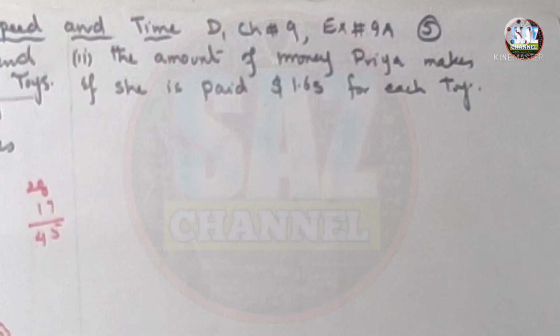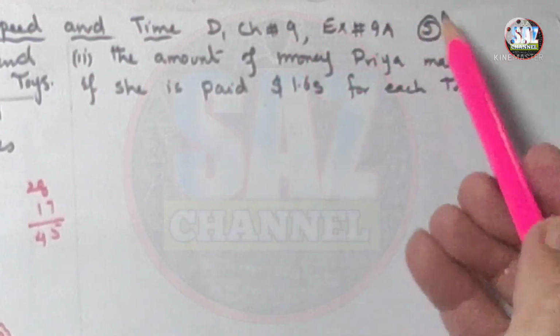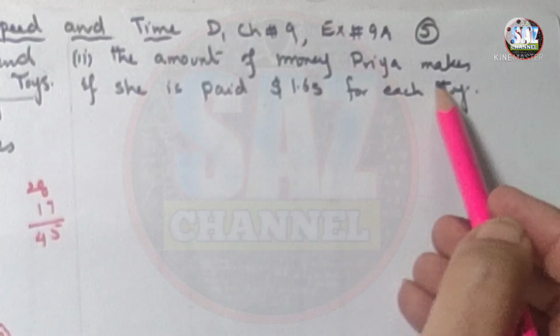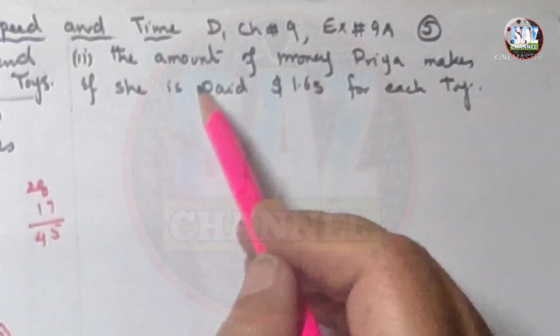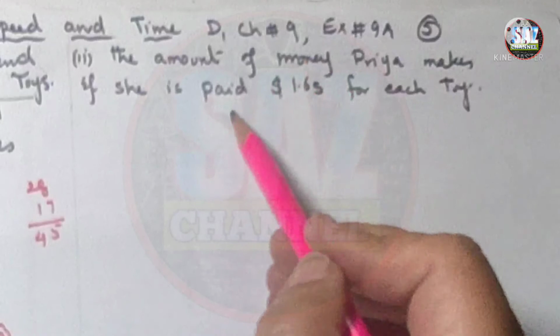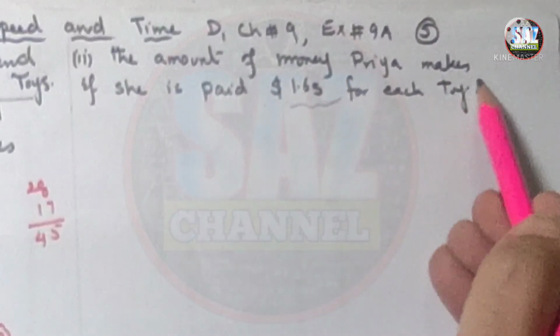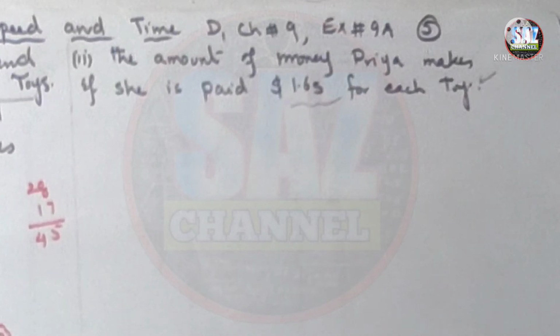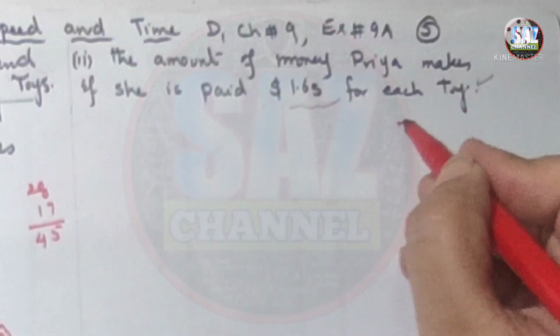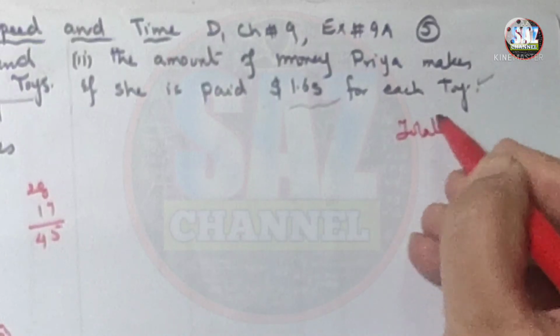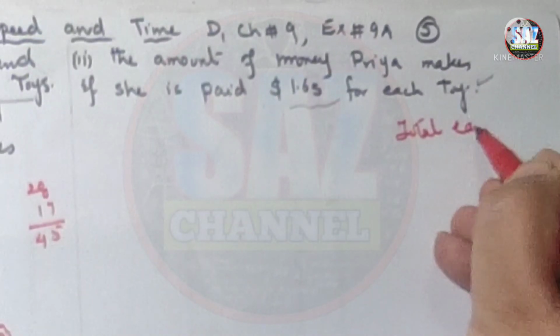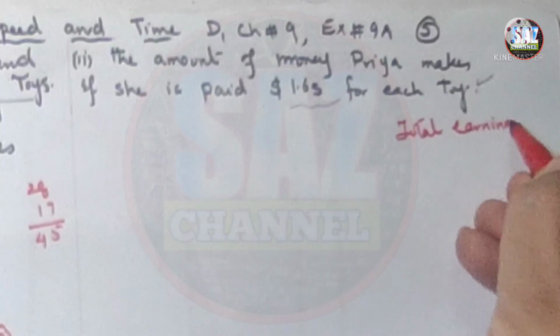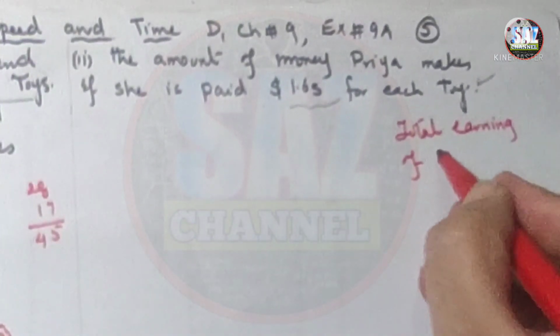The second part says the amount of money Priya earns if she is paid $1.65 for each toy. So we have to find the total earning of Priya.